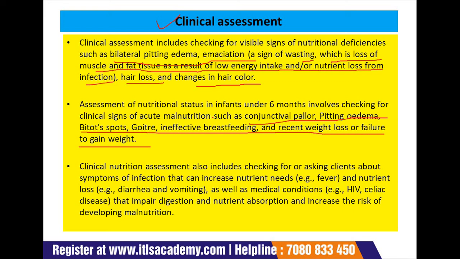Medical reports should provide information about illness, hospitalization, operations, diagnostic tests and therapies, and medications that can affect nutritional status too.